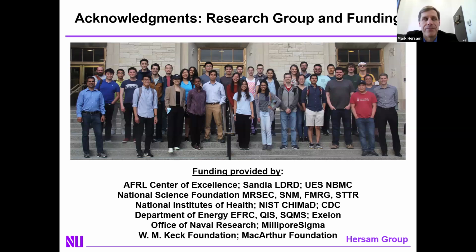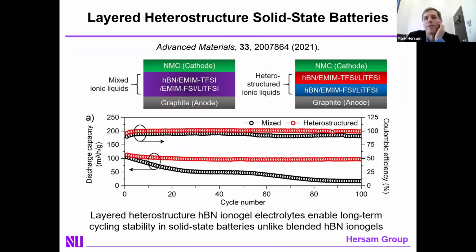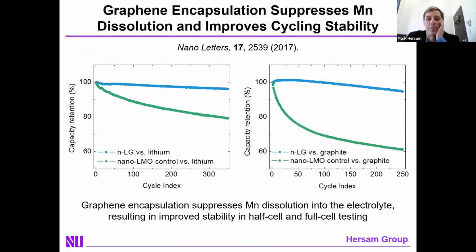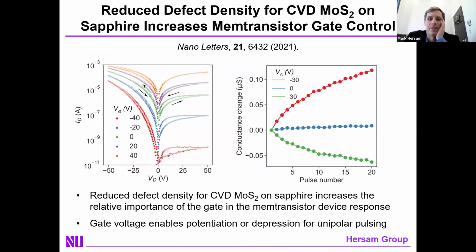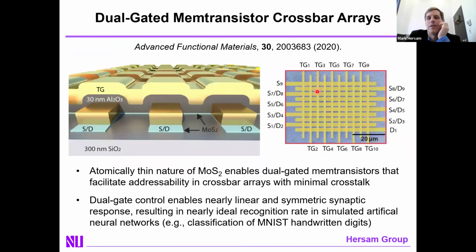It also has some sort of architectural advantages that I briefly alluded to, namely in a crossbar array with traditional memristors, you get crosstalk or sneak currents between the nodes in the crossbar, which means that you need another circuit element like a transistor or a diode, which increases the footprint of the device.